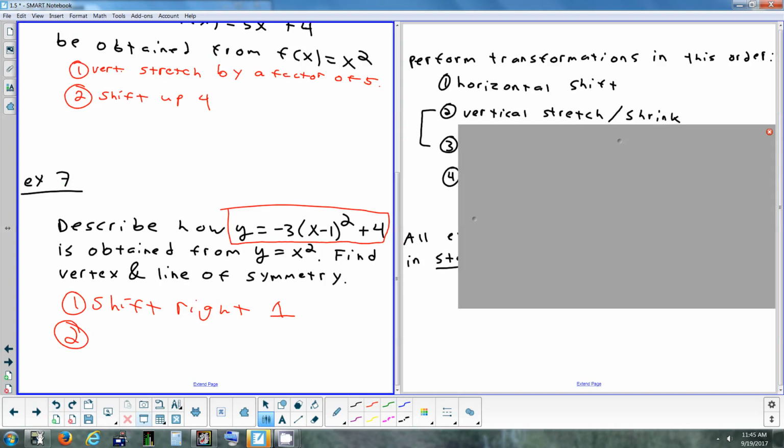Yes. What number are you looking at? -3. Careful. You jumped ahead a little bit. Just the 3. That negative is going to be another transformation. I'm going to write that down in the next step. So the 3, that's a vertical stretch by a factor of 3.